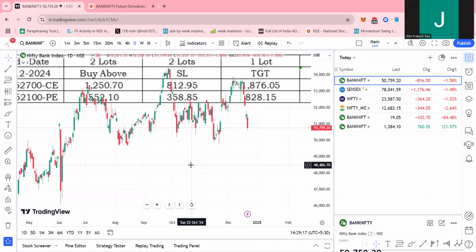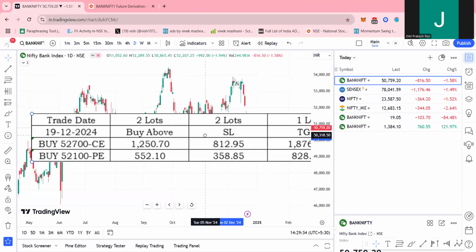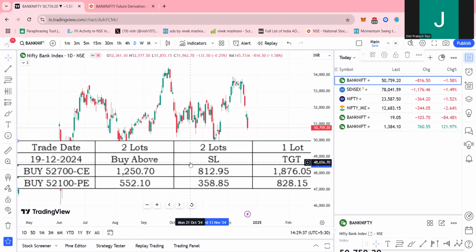I sent it on WhatsApp, no? I have sent you this entire data on WhatsApp. The entire month of December, whatever entries and exits, I have shared in WhatsApp. All of you can check. So now I'm just showing how it worked for 19 December.